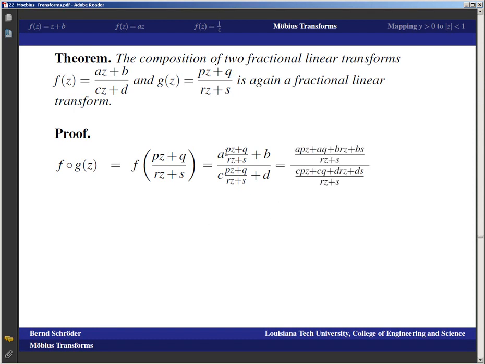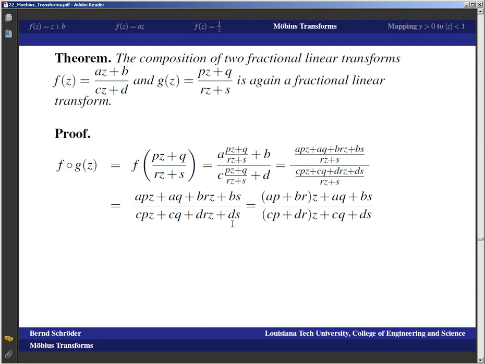Find the common denominator, right? apz plus aq and then plus brz plus bs divided by cpz plus cq plus drz plus ds. And now we realize that these two denominators here, of course, as soon as you go to the reciprocal of the denominator, cancel. So we end up with apz plus aq plus brz plus bs over cpz plus cq plus drz plus ds.